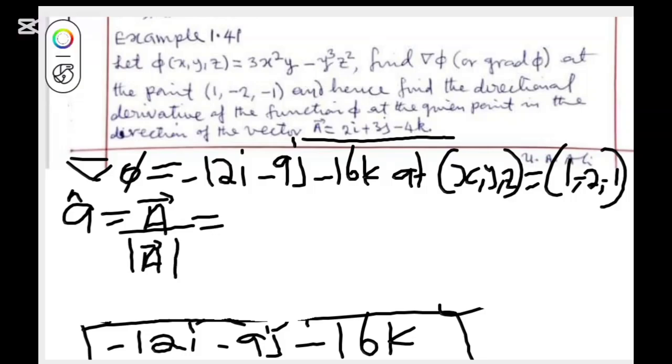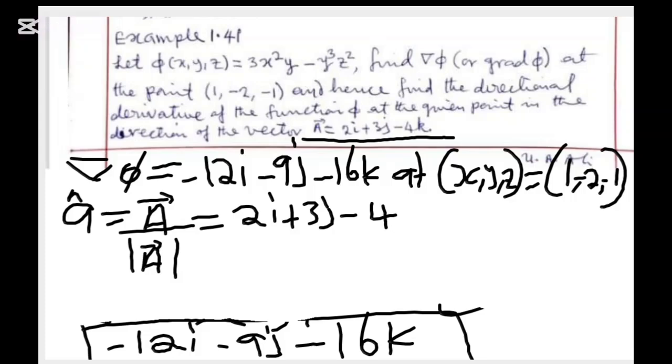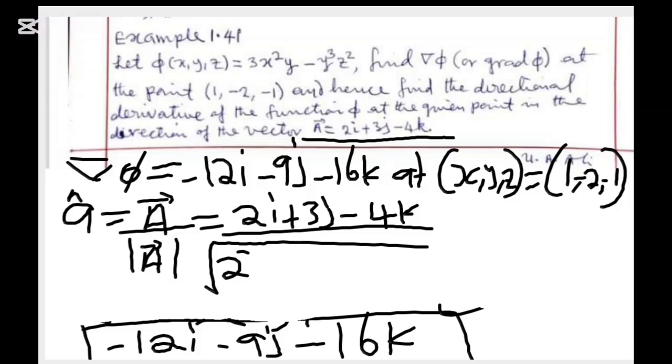So vector a is 2i plus 3j minus 4k, all divided by the square root of 2 squared plus 3 squared plus -4 squared.